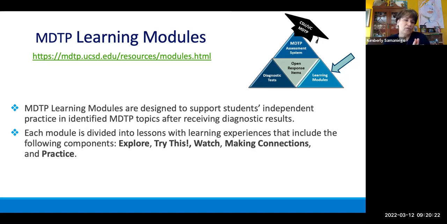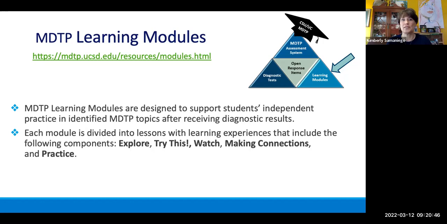So if we're bridging students into a pre-calculus class, it might be that they had a misconception that originated in 6th grade math. We would go back to the 6th grade math, and then the modules would bridge all the way back up to a pre-calculus level. So we'll not keep them at that level. The components are explore, try this, watch this, making connections, and practice.